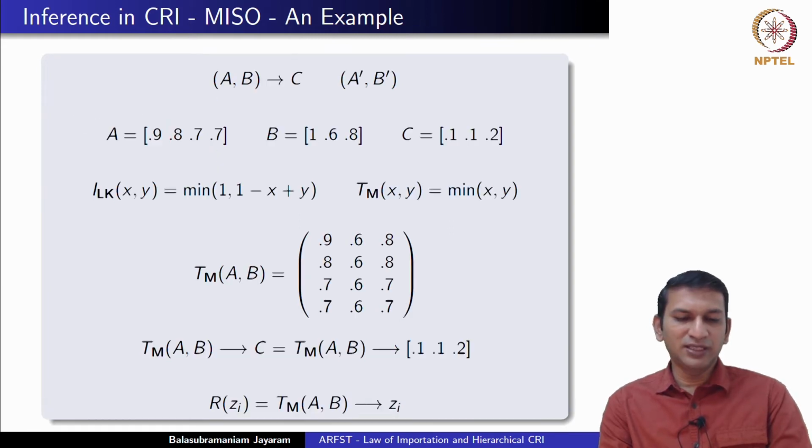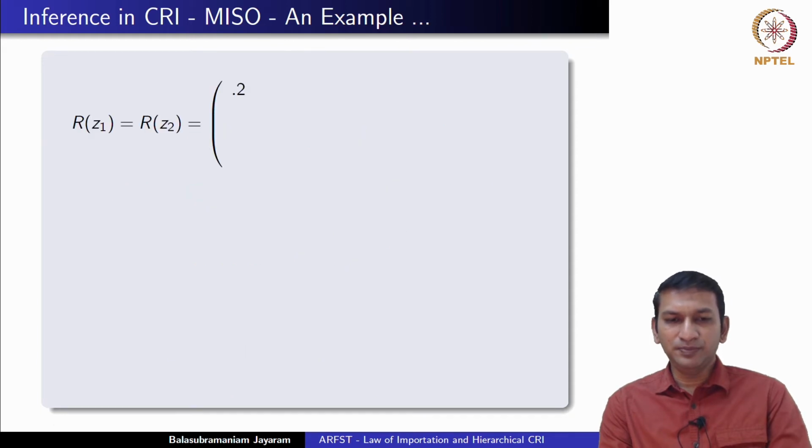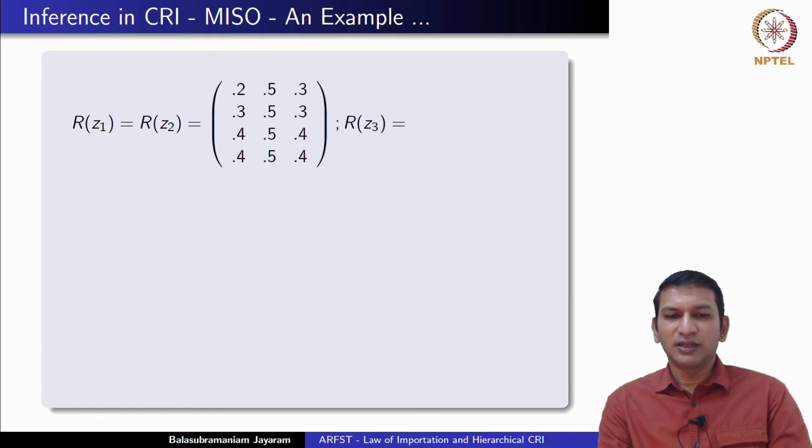Once again, we take every element of Tm of AB and use the implication with 0.1. We are using the Lukasiewicz implication on each one of them, and this is how we obtain the values of the matrix.